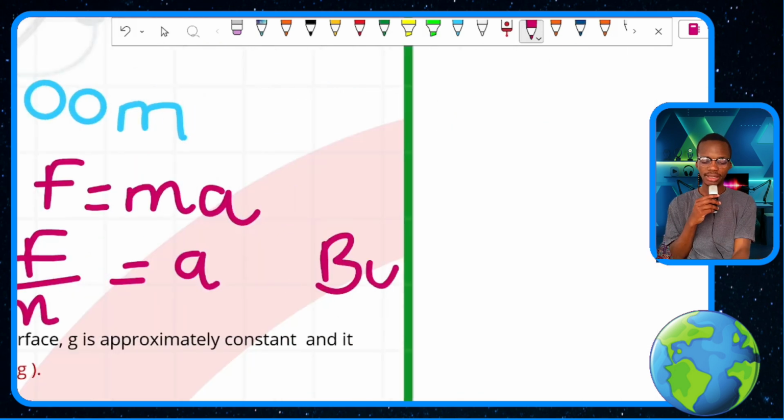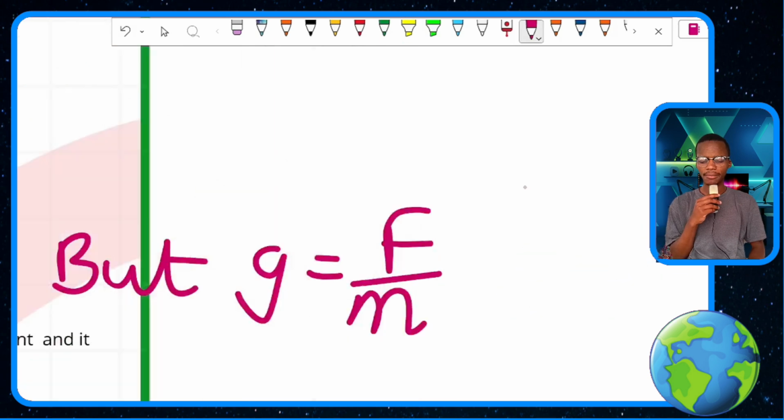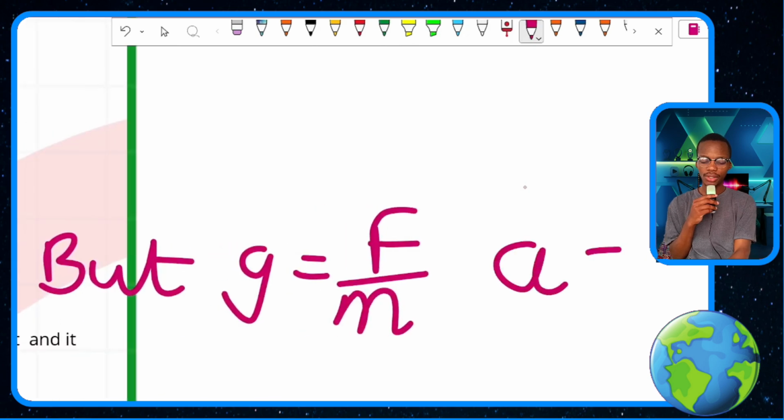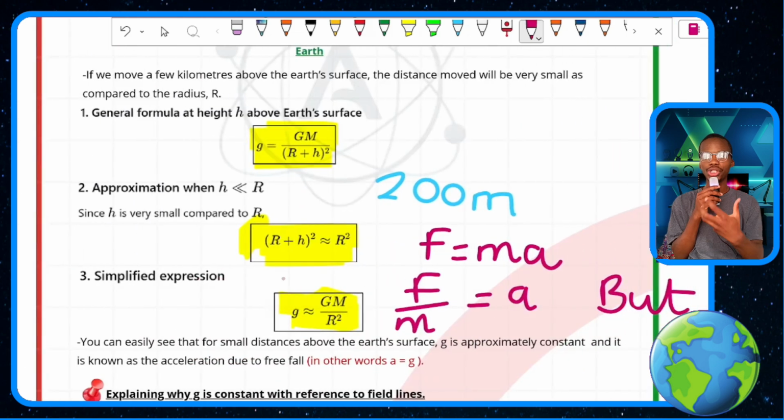So I can safely say, hey, a is equal to g. So the gravitational field strength will actually be the acceleration due to free fall when you're at a certain distance above the Earth's surface. As you get above that, the value of g would then change. It's no longer constant, which is 9.81. But for now, acceleration due to free fall will remain as 9.81.